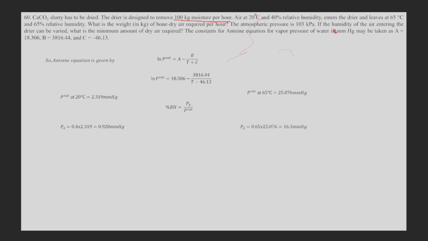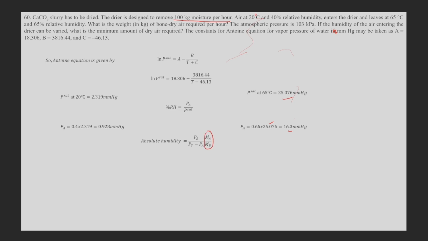Similarly, Pa at 65 degrees Celsius is 0.65 times 25.076, because it is 65% relative humidity at 65 degrees, so 16.3 mmHg.